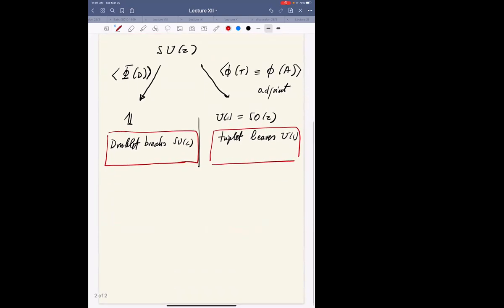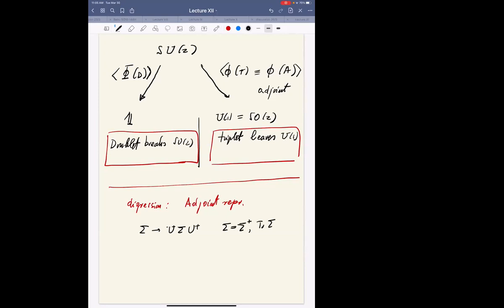A little digression, just reminding you of what we said yesterday: the adjoint representation. How did we define the adjoint? Sigma goes into U sigma U dagger. Sigma is Hermitian, and trace sigma is 0. That's an adjoint. It's a matrix.